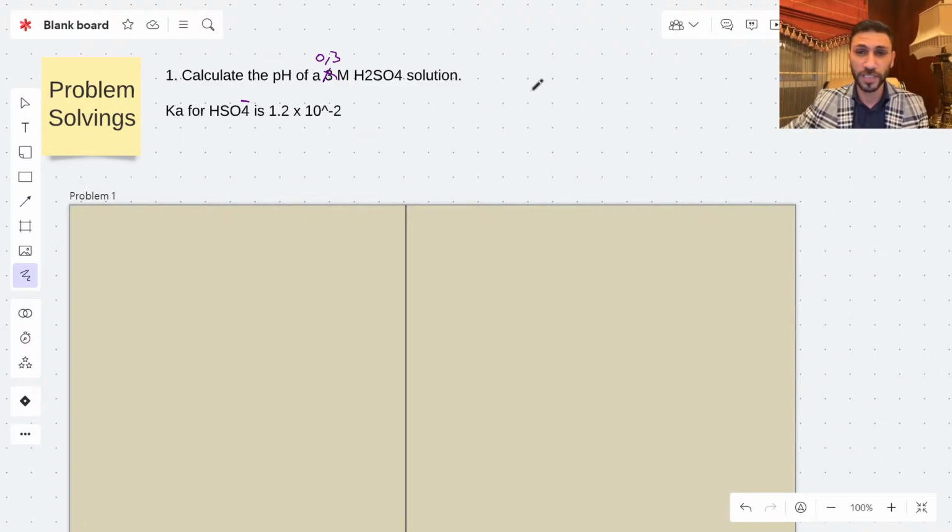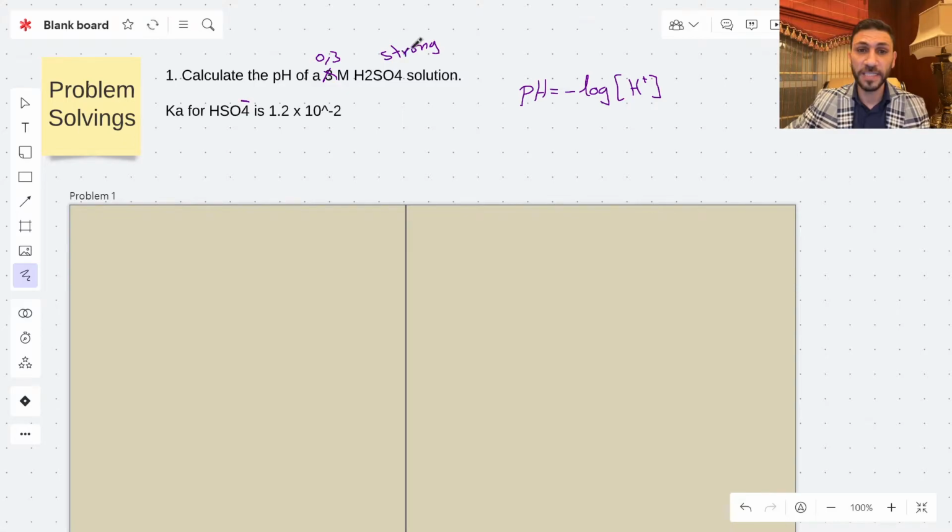Before we start, I just want to tell you about this. A lot of students make mistakes in the exam. We know that the pH equals negative log the concentration of H+, and right away they use negative log of the concentration of H+, because H2SO4 is a strong acid, without doing the ICE table.